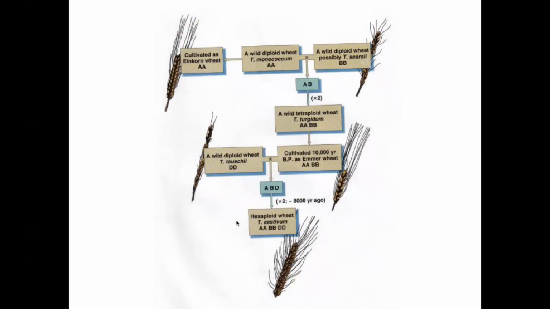So you say, well, how is this the particular form of wheat that was maintained by humans over the last 10,000 years or so, such that we still use it nowadays? Well, it's the same idea as we talked about with autopolyploids: as you increase chromosome number, the cells get bigger, and therefore all of the components, the structures, the tissues, the organs of the plant get bigger as well.